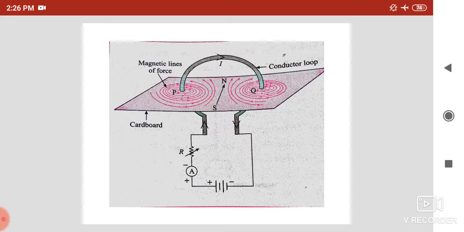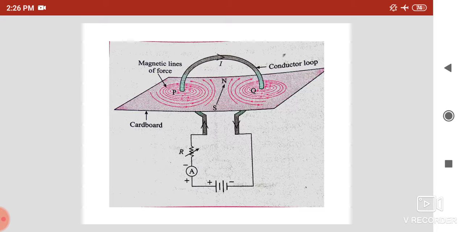The magnetic field produced by this current carrying wire at a point is directly proportional to the current through the wire. It means when we pass more current in amperes, more magnetic field is produced around each point of the loop.